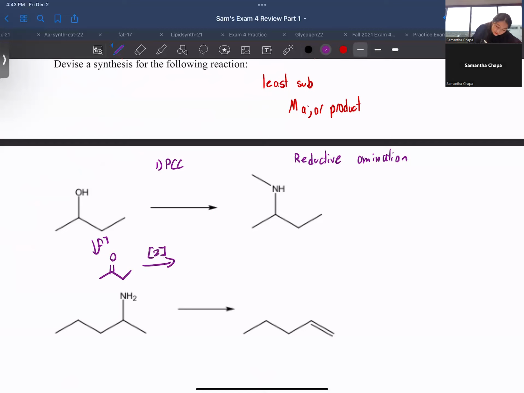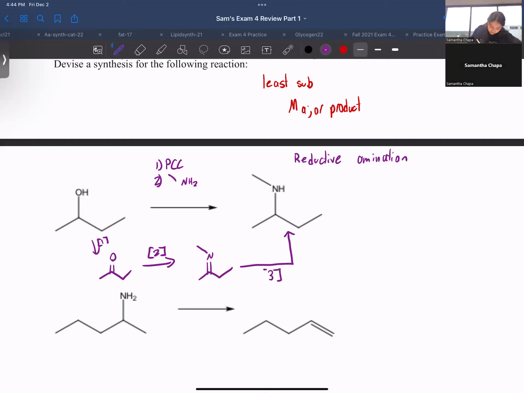My second reaction, well, there's only one carbon, so it would be a primary amine group that I would add. So then I'm gonna make an imine. So using NH2 with a methyl group. And that makes this right here. Cool. So we're one more step closer.